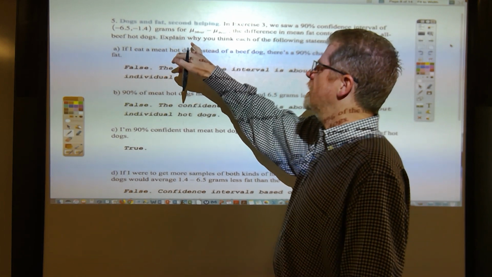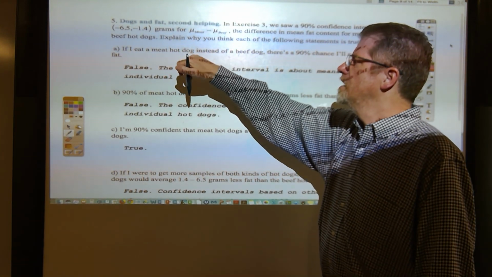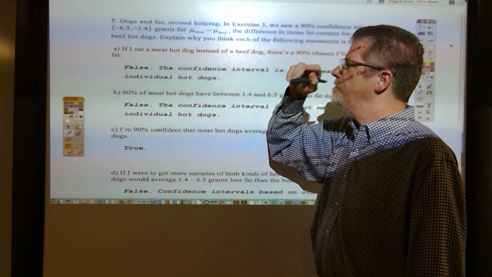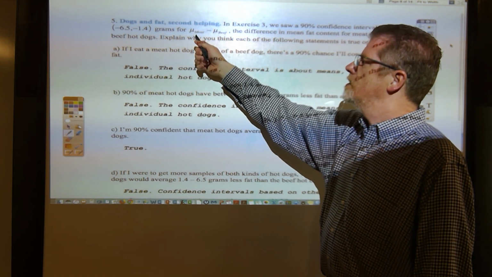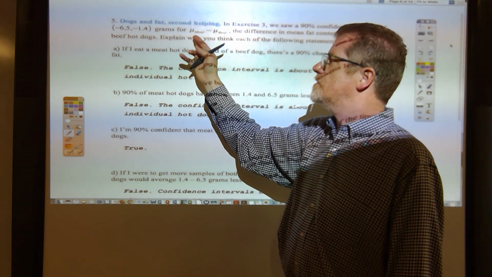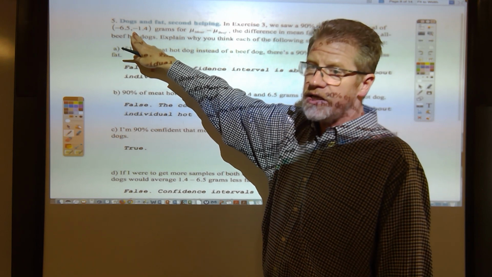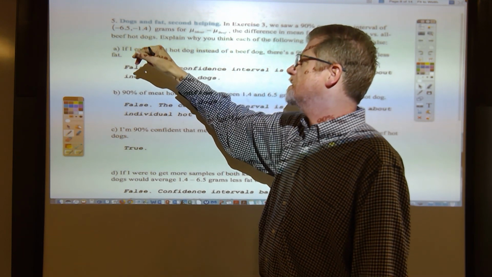Well, it's because when we took the sample mean of meat calories minus the sample mean for beef calories, the difference, when you performed the subtraction in this order, ended up being negative.